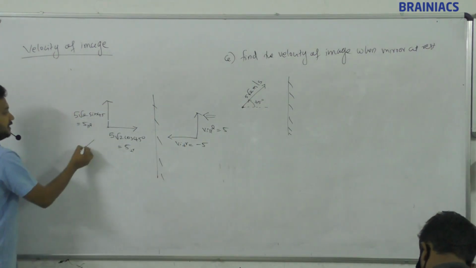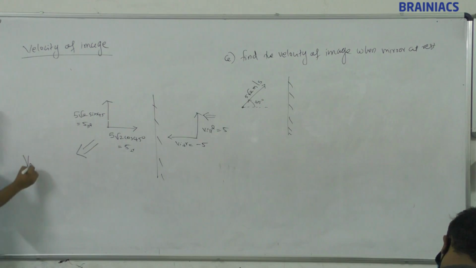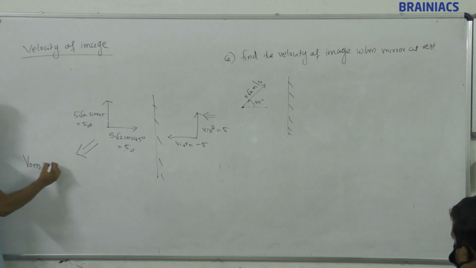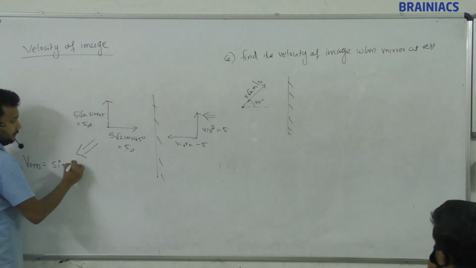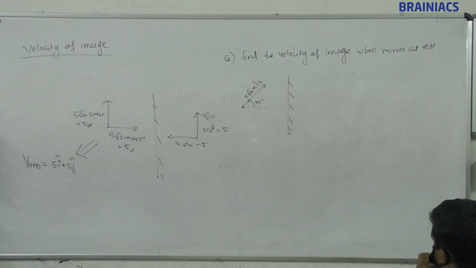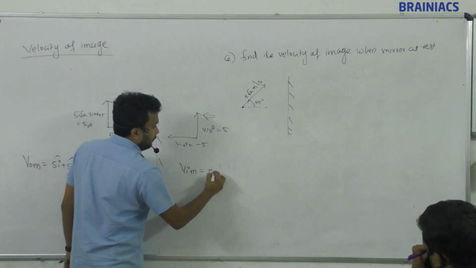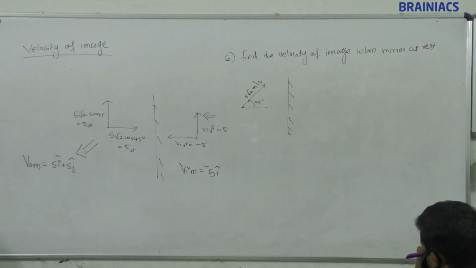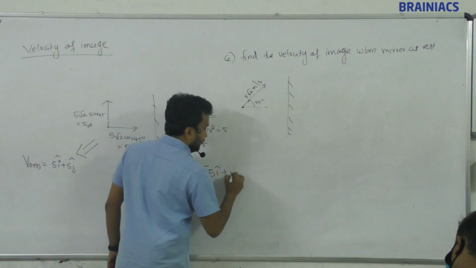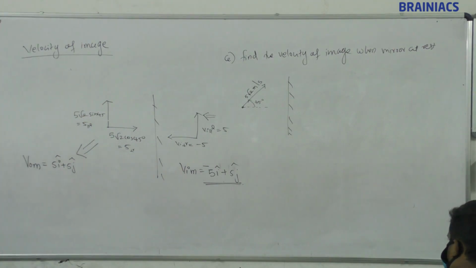Here, the object velocity with respect to mirror: mirror is 0, so VO minus VM is equal to 5 parallel. I can say 5i plus 5j in vector notation. And velocity of image with respect to mirror equals, which i? Minus 5i, minus x direction, plus what will come? 5j. So this is the answer to the question: minus 5i plus 5j.